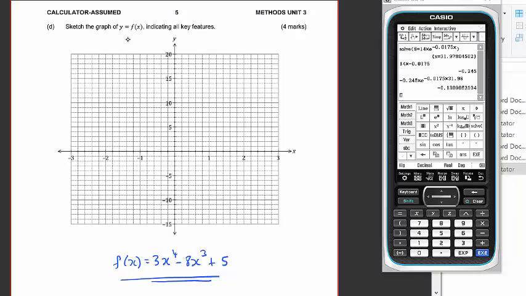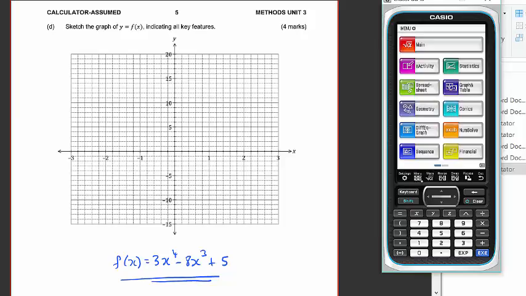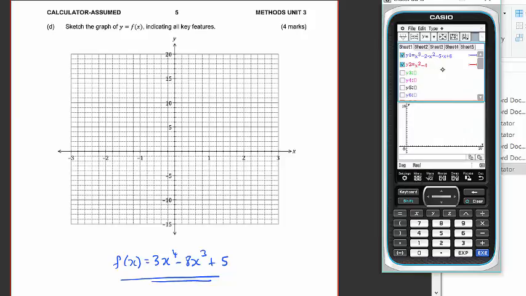We now want to sketch the graph of y equals f of x, indicating all key features. Now of course we can use the calculator to help with this. So let's go to graph and table, and let's put in the curve. So we have 3x to the 4 minus 8x cubed, add 5, and we want to graph that.